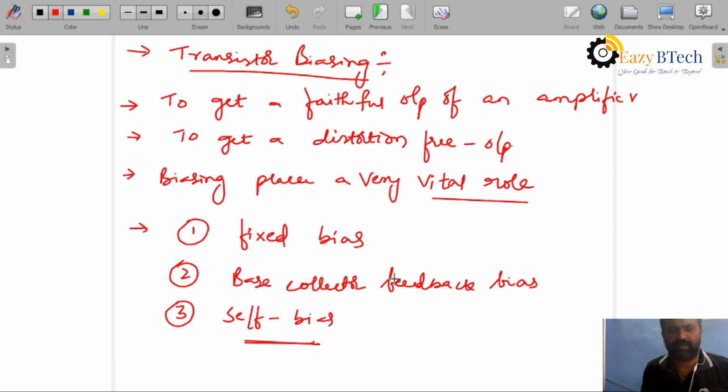Okay, these are the biasing. As biasing is made, the operating point will be placed exactly at the center. As the operating point is at the center, the output waveform is distortion free, and it is an excellent amplifier. And using this biasing, we can find a stability factor. Okay, these are the three kinds of biasing techniques. One is a fixed bias, second one a base to collector feedback bias, and third one is a self bias.